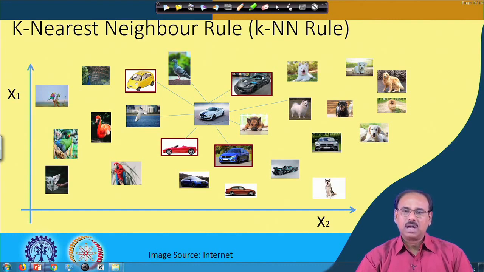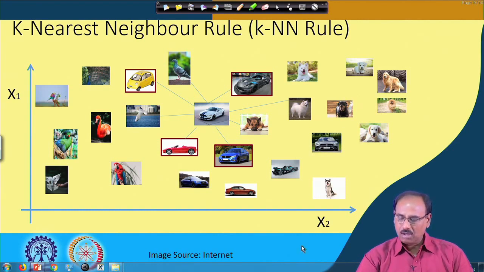If it falls on the other side of the boundary, it will be classified to class omega j. And once that boundary is computed, I can discard all those training images or training vectors. What I need to store is simply a few parameters which describe that boundary.